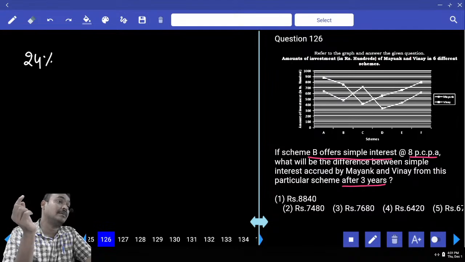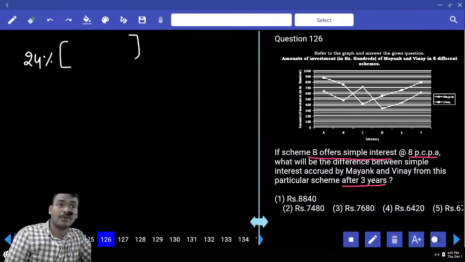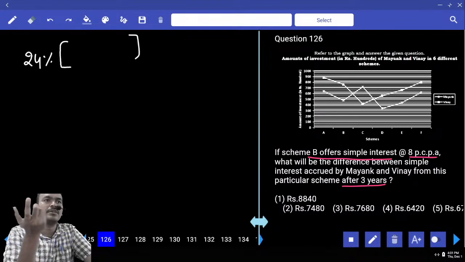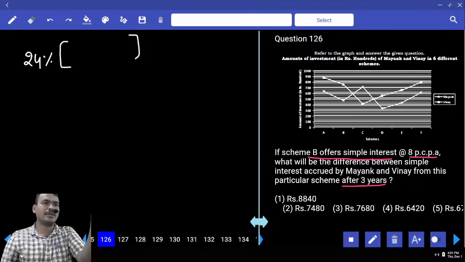But we required interest difference or sum? Interest difference. Then we take the 24% of Mayank's principal and Vinay's principal difference, yes or no? Normally we write 24% of P1, 24% of P2. Difference is nothing but 24% of P1 minus P2.